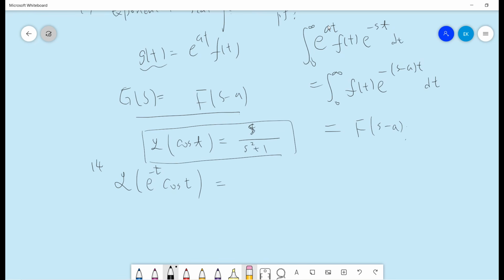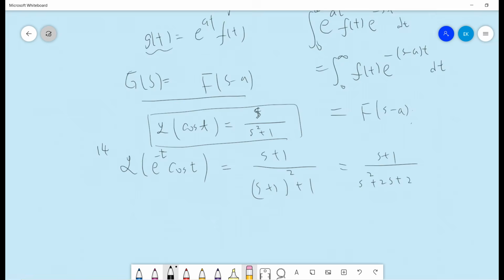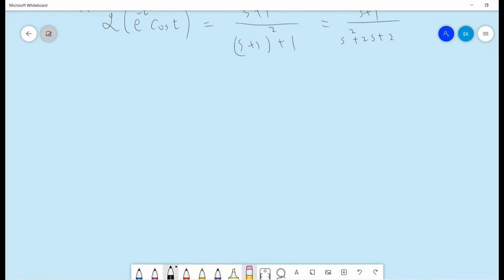So this is just s plus 1 divided by s plus 1 squared plus 1, so it's s plus 1 over s squared plus 2s plus 2. Yes, that's it.